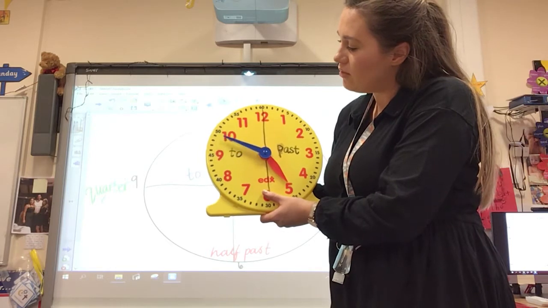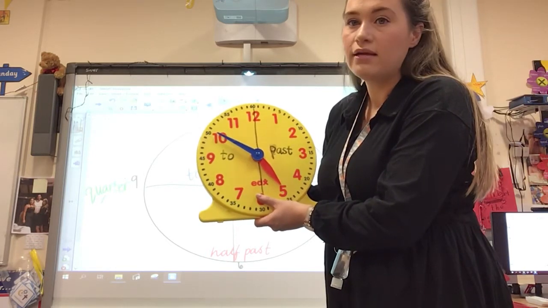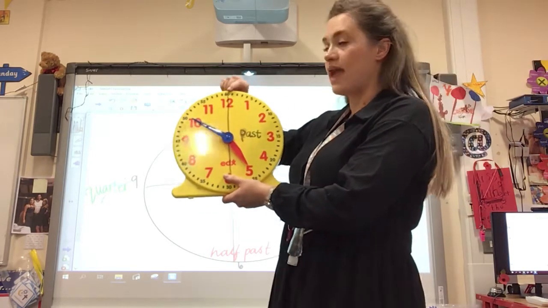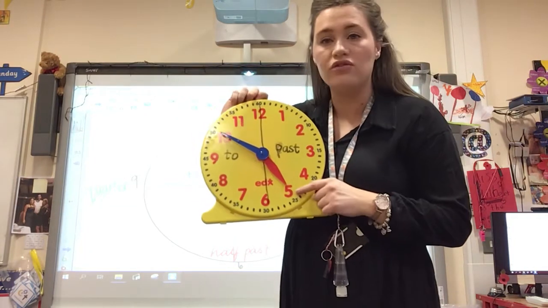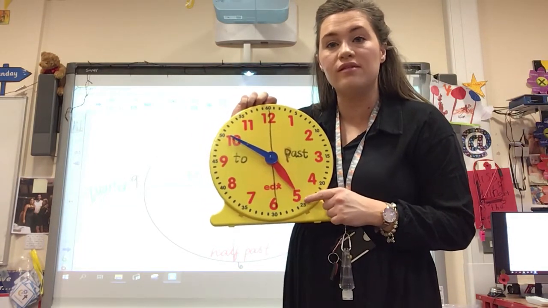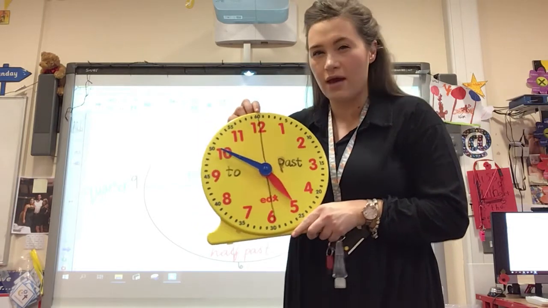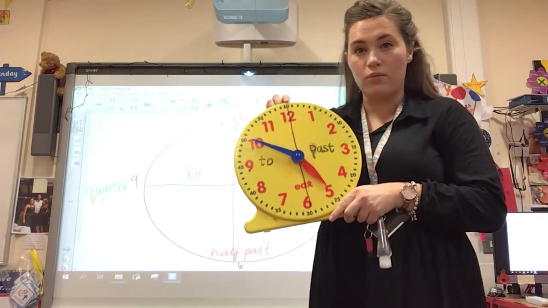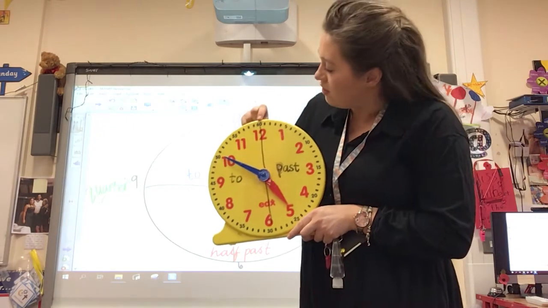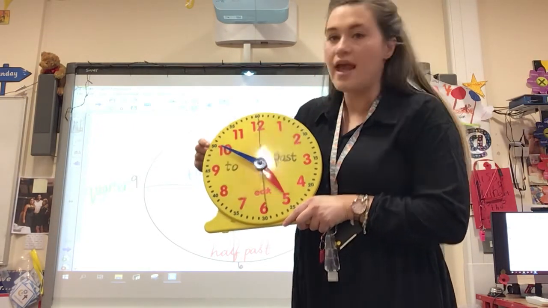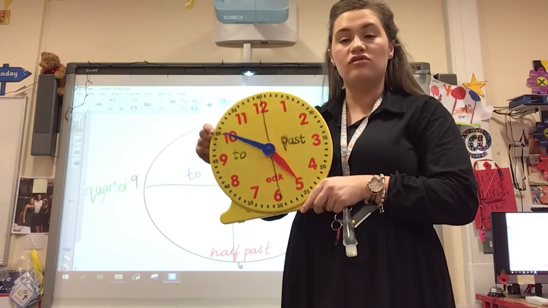So let's move up to here, the 10. So again, we're nearly at 5 o'clock now, because you can see your hour hand is pretty much sitting on that 5, and my minute hand is almost at the 12. So let's count backwards and see how many minutes we are away from being at 5 o'clock. 5, 10. So it's 10 minutes to 5.